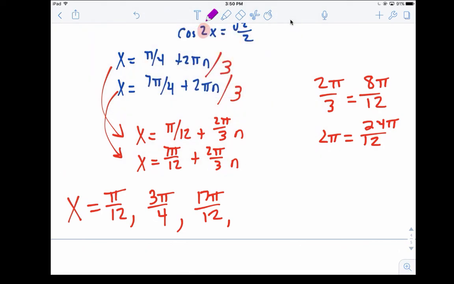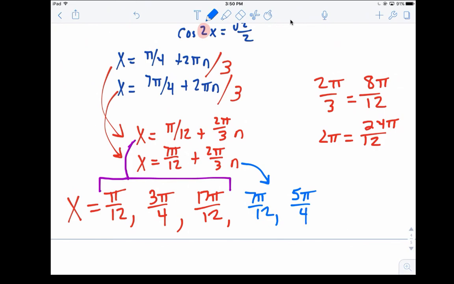Those solutions all come from this first answer. And then the other ones are going to come from this solution. So you're going to start with 7 pi over 12, plus 8 pi over 12 is 15 pi over 12, which simplifies to be 5 pi over 4.